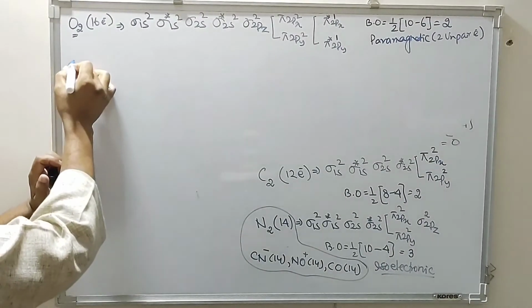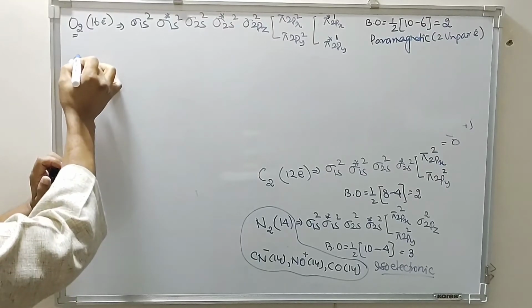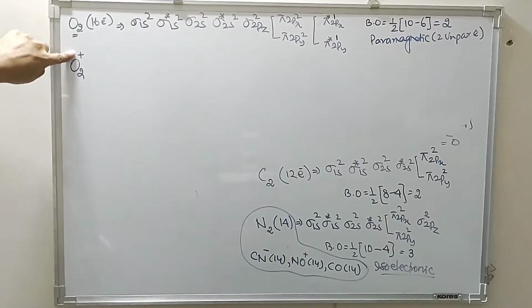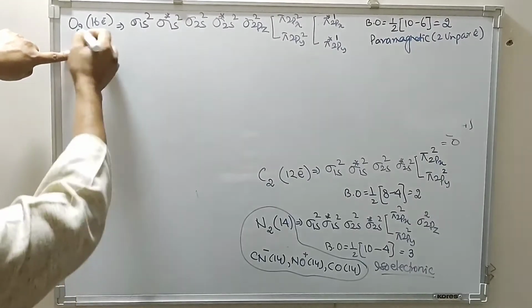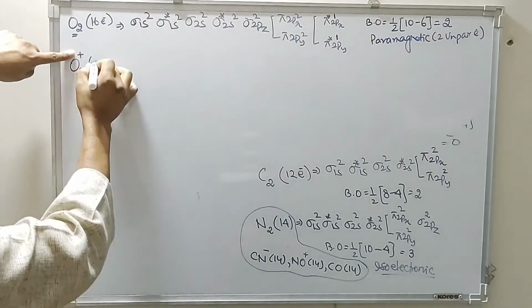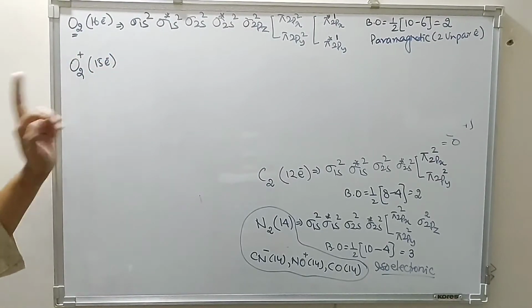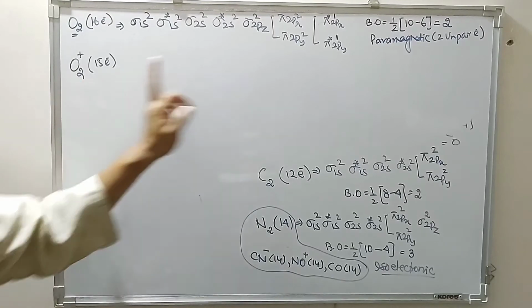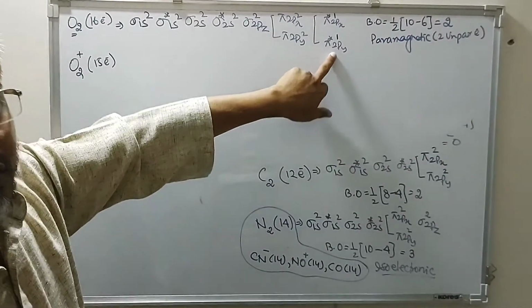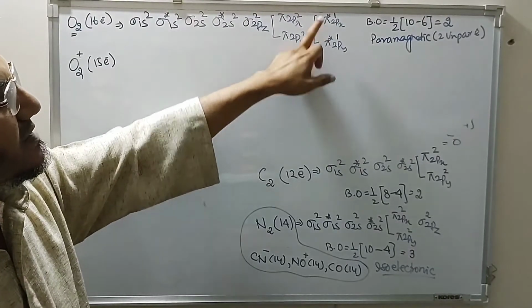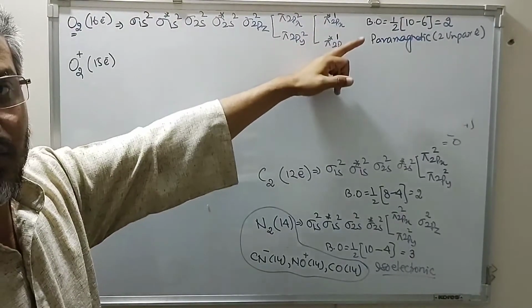Now we take this case: O2 plus means we are removing one electron from oxygen. If you remove one electron, this becomes 15 electrons. Now the question is from which orbital the electron is to be removed. Look at this, this is the outermost orbital. So we have to remove the electron from pi star, that is anti-bonding.